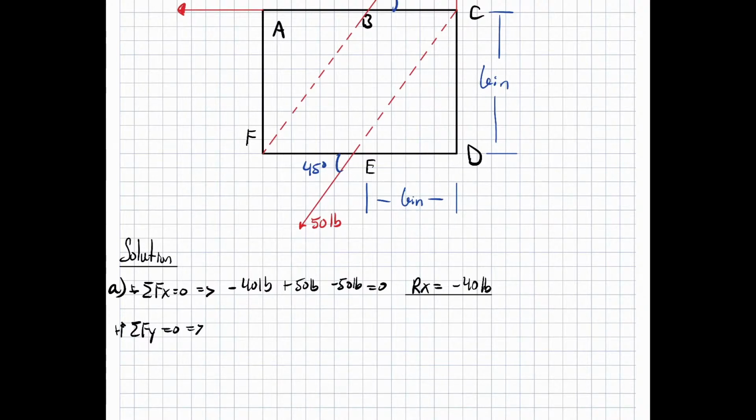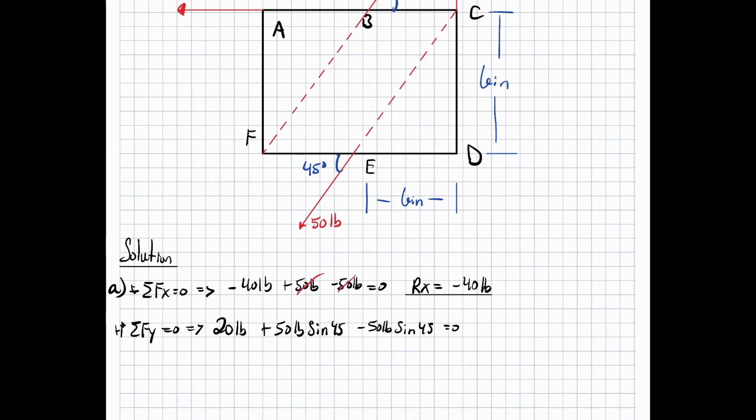Positive going up. We have 20 pounds plus 50 pounds sine of 45 minus 50 pounds sine of 45 equal to 0.